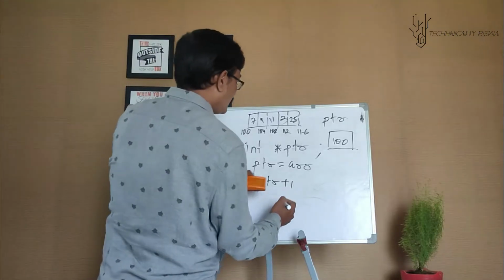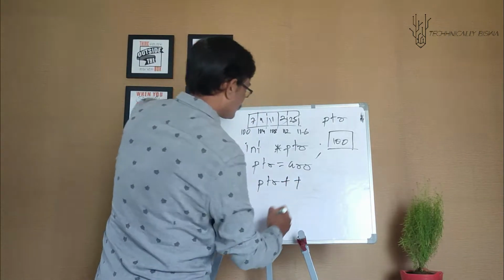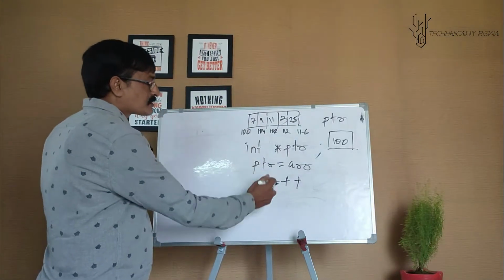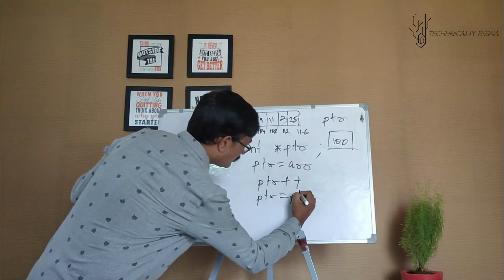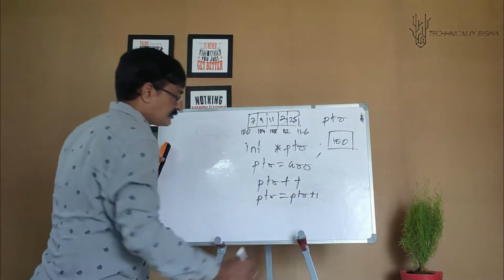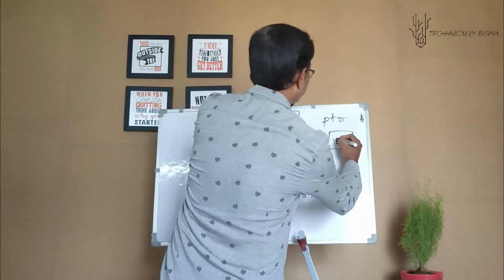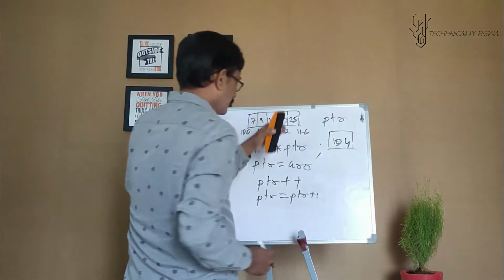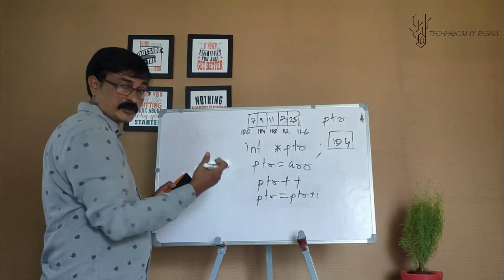Similarly, if I say ptr plus plus, what happens? Plus plus means ptr equal to ptr plus 1, isn't it? So ptr gets the address 104.